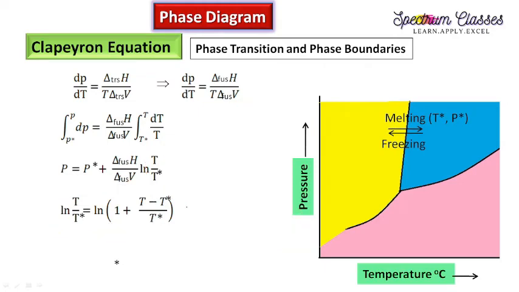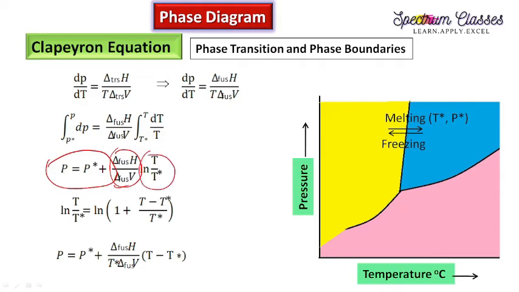Moving further, we have P is equal to P star plus delta H fusion over delta V fusion, this whole thing as written here. Instead of ln T upon T star, we simply write ln 1 plus x, which can be written as x minus 1 by 2 x square, but we discard the further terms, so we simply write only x. What is x?